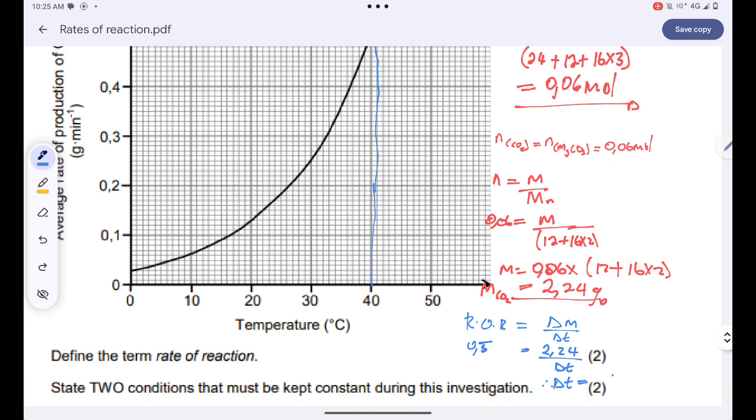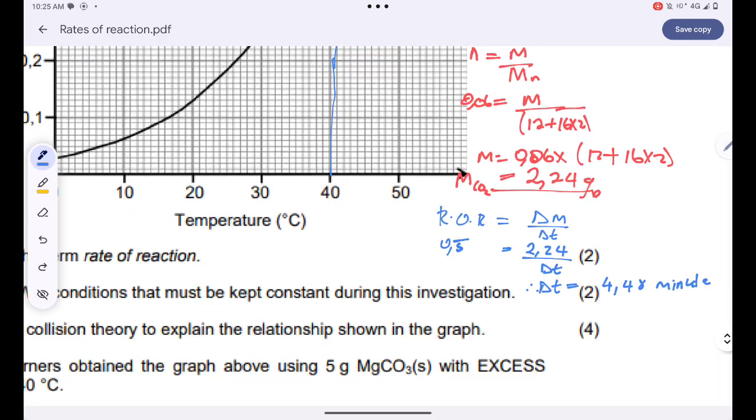And that will give us 4.48 minutes. Are you together? It will be 4.48 minutes. If I want to change this into seconds, I can just multiply the answer by 60, and then I'll simply get my time to be equal to 268.8 seconds.